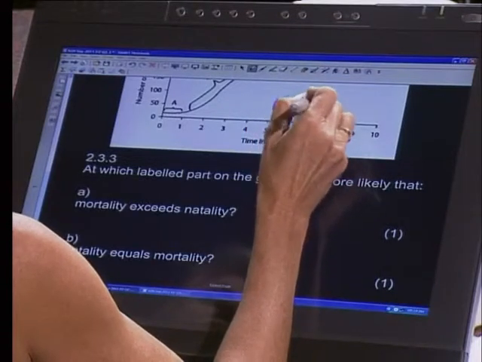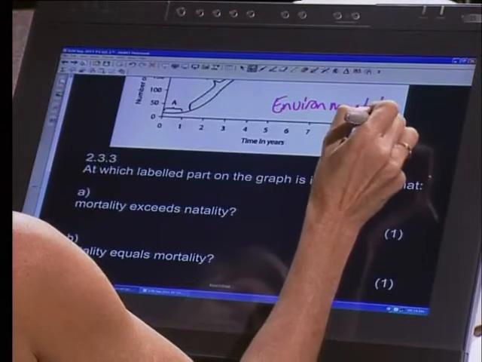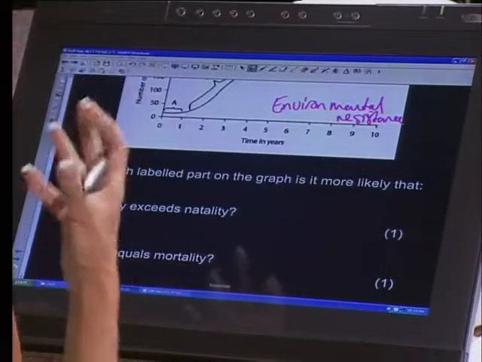If, for example, I imported 1,000 baboons into this area, they would destroy the environment so badly, we would then have something called environmental resistance. In other words, they will destroy the area, there won't be enough food or shelter or space, and eventually they will start dying. So the environmental resistance can make the carrying capacity of an area drop.